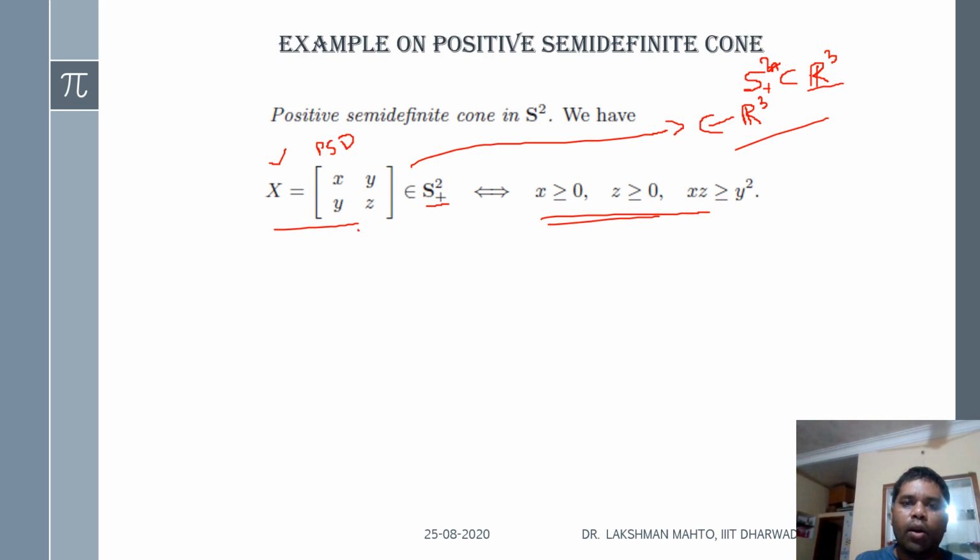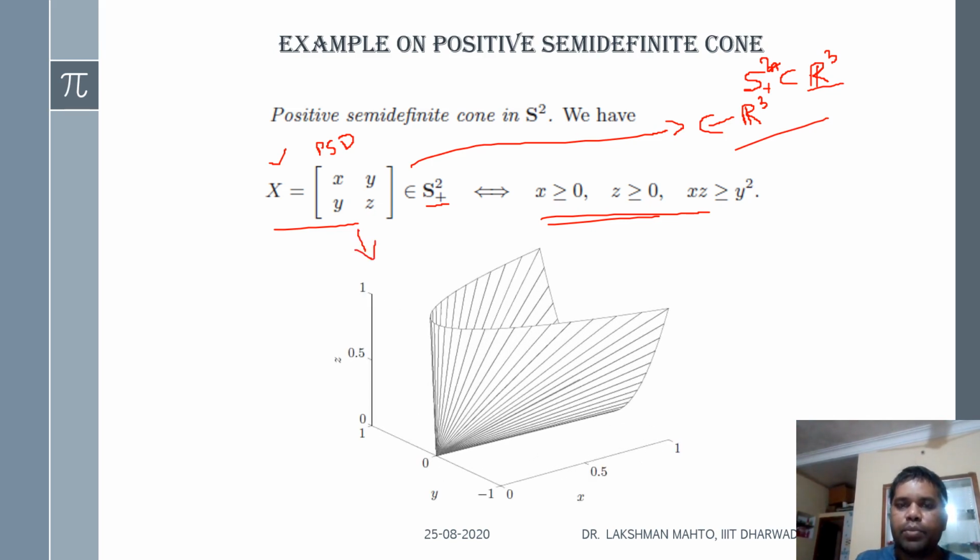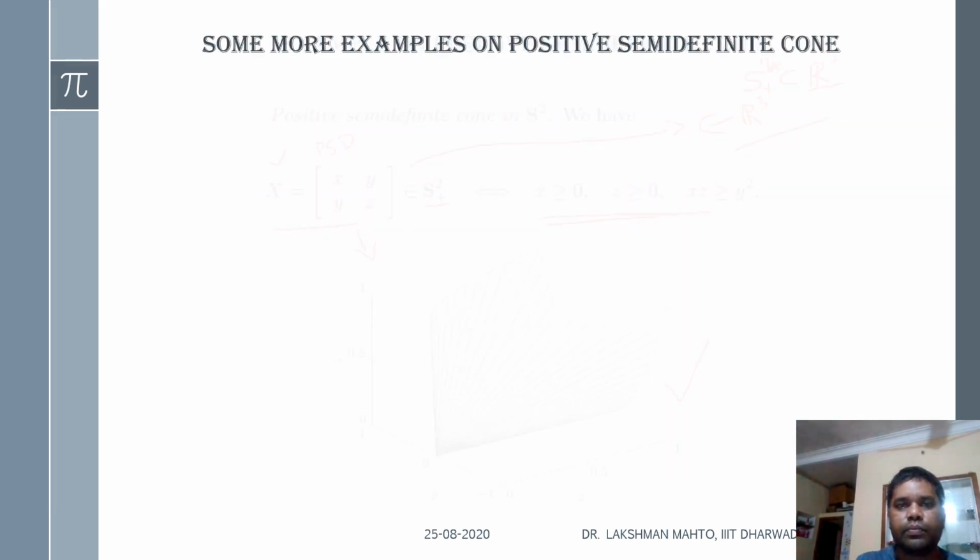It is a very simple result from linear algebra, which you can establish. What I will do is plot the graph of this positive semi-definite cone. The graph looks like this. From the graph, you can easily observe that it has a cone kind of structure. That's why we call it a positive semi-definite cone.